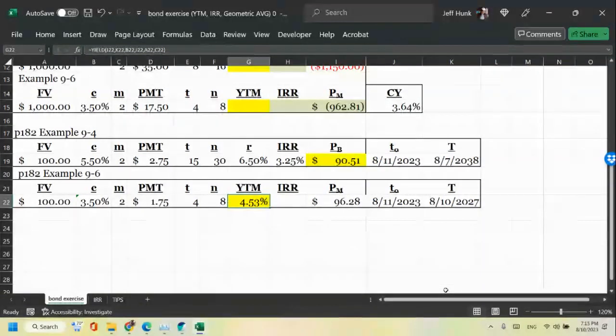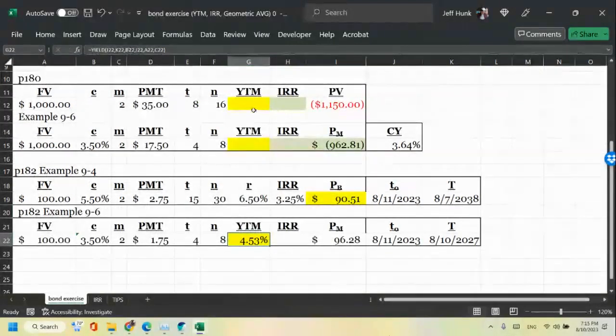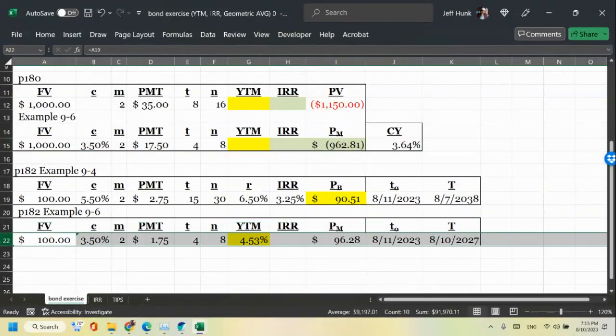And you can check if this is correct. To do that, we'll use the rate function to verify that. So first, this is the same example as that.